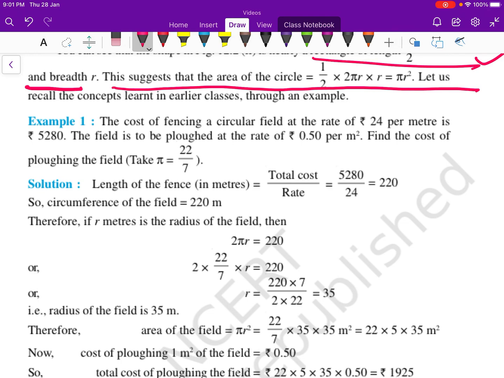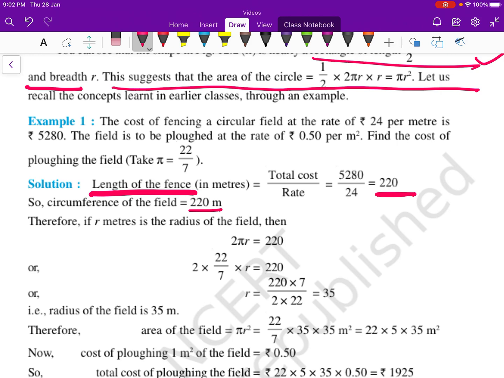Take pi is equal to 22 upon 7. Now length of the fence in meter is total cost upon rate, which is 5280 upon 24 is equal to 220. So from the cost we get the total length as 220.